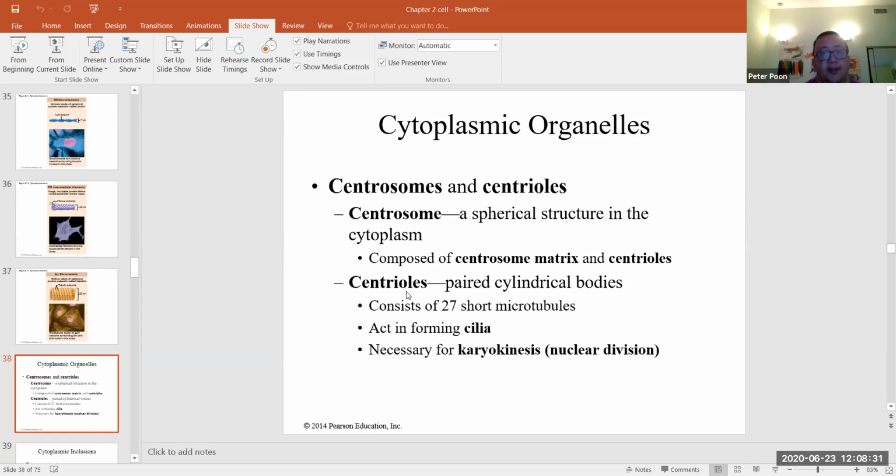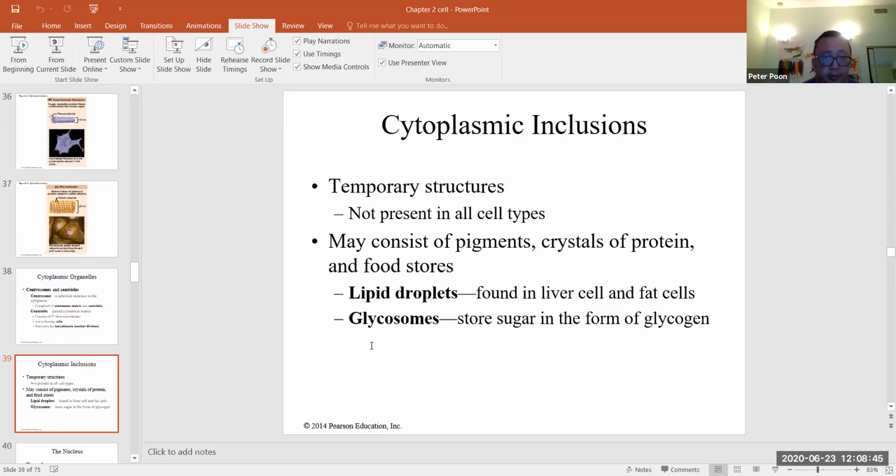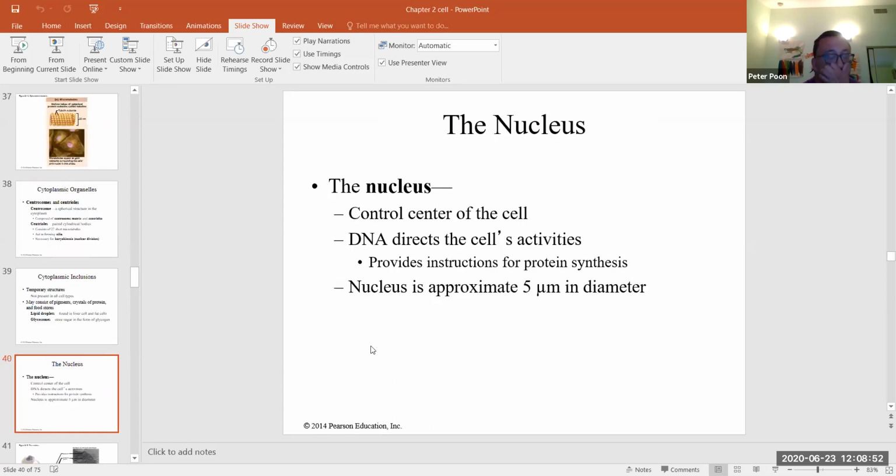This one we're going to skip for now, and we'll come back to centrioles and centrosomes. A centrosome is basically something that consists of two centrioles. We'll skip inclusions.